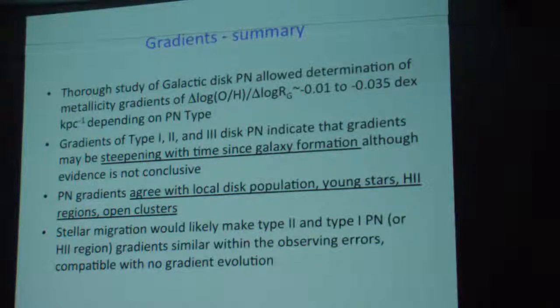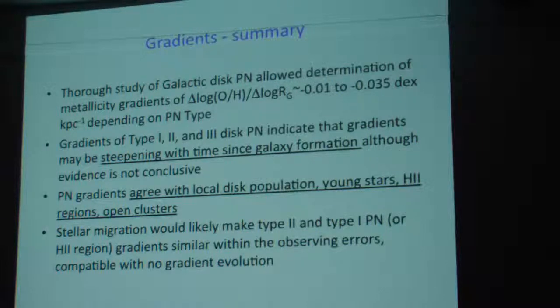Type 2 is about minus 0.03, and that's flatter than the one derived from the HII regions or from Type 1 or from the younger population. They all agree with the older population in the galaxy. So it seems that the metallicity gradients are steepening with time since galaxy formation.